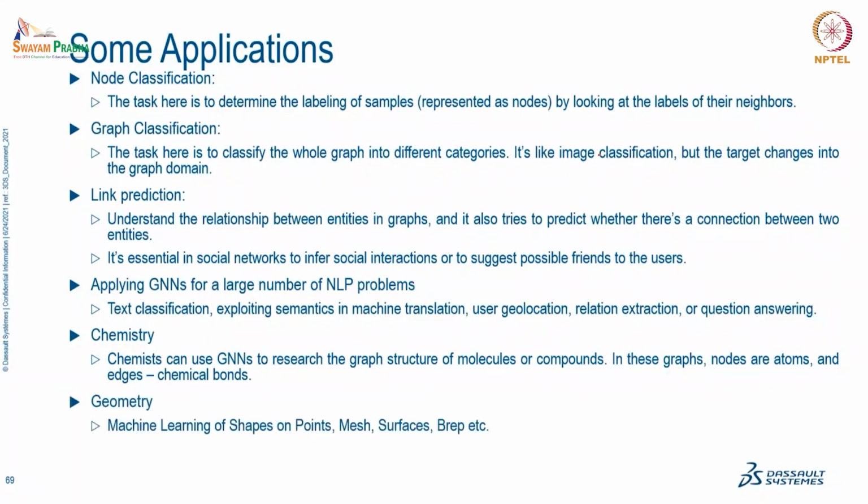Now coming to geometry, learning shape information from point cloud data, meshes, surfaces, VREP, etc. In that situation, we can use graph neural networks to predict classification or segmentation based tasks. There is a lot of research nowadays in this particular field, where PointNet is one of the things. PointNet++ is based on the PointNet architecture.